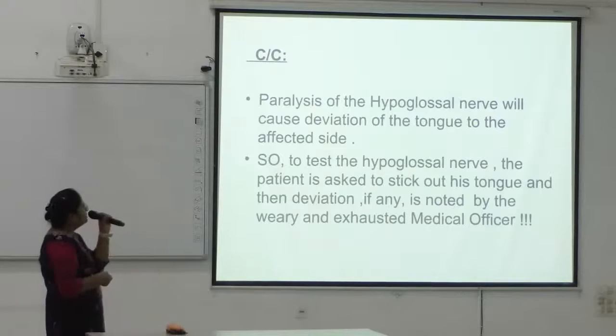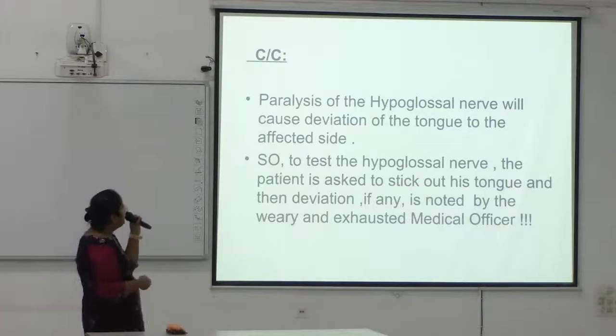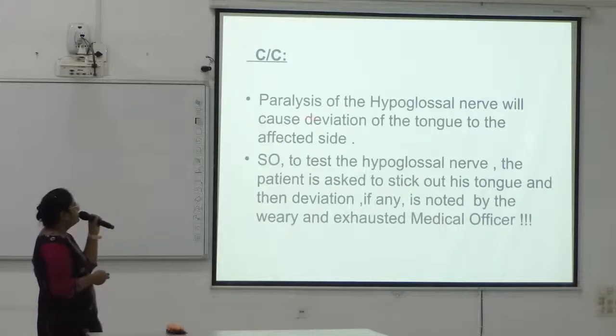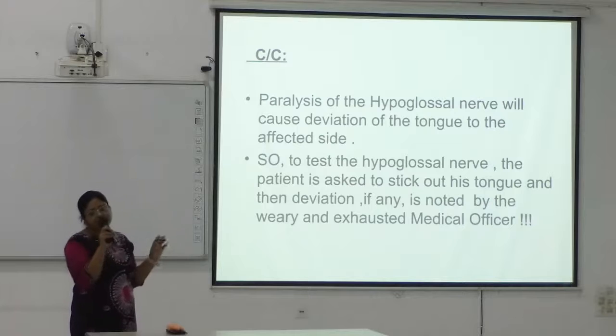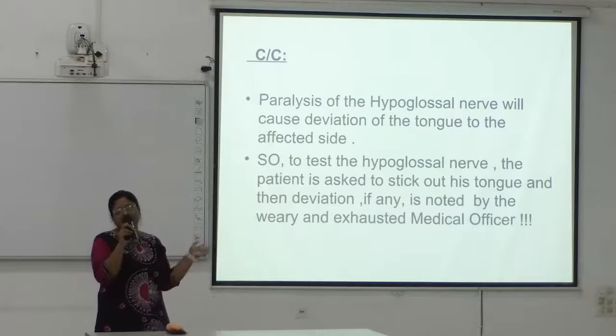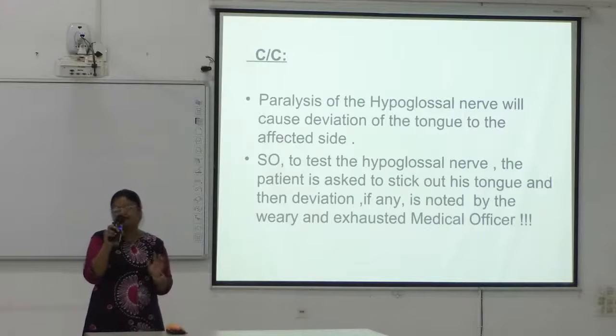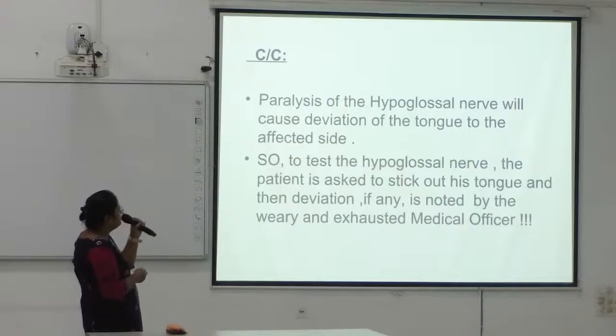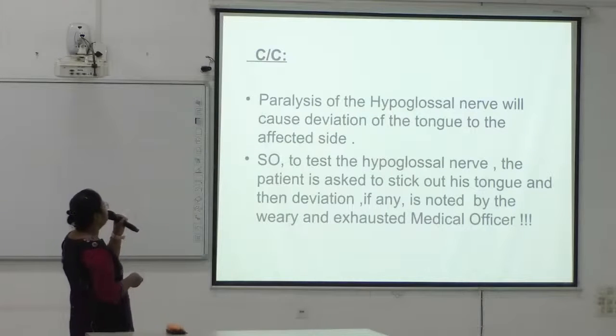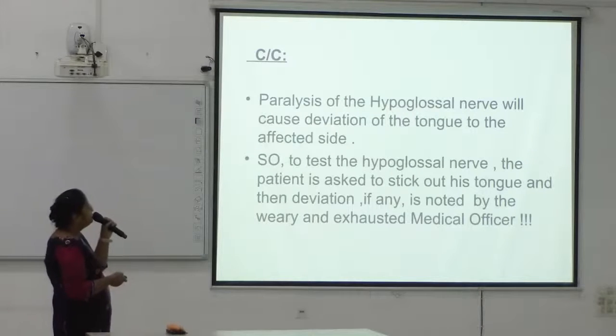So, what will be the clinical aspect? Injury to the hypoglossal nerve will cause deviation of the tongue to the affected side. Okay, because the opposite, healthy side of the tongue muscles will push the tongue to the affected side. That's why, to test the hypoglossal nerve, the patient is asked to stick out the tongue.